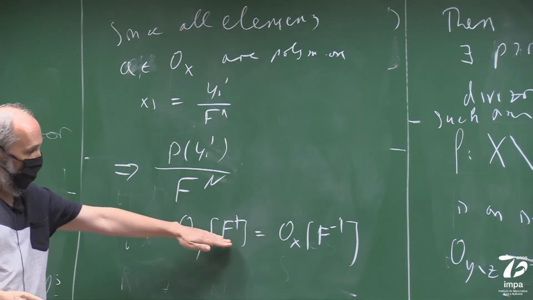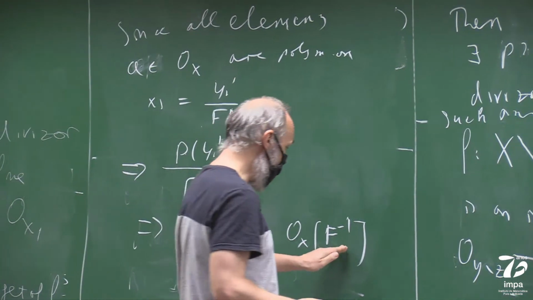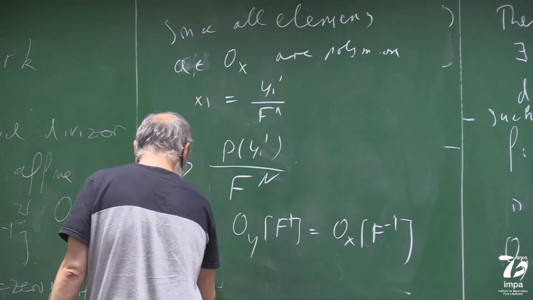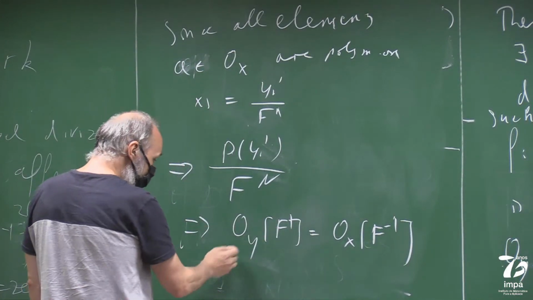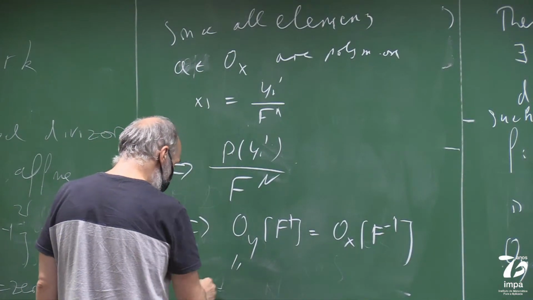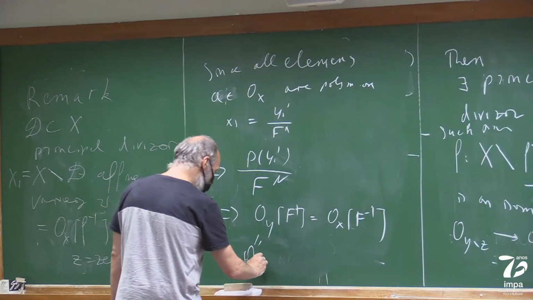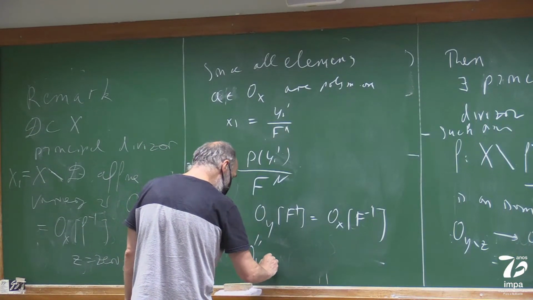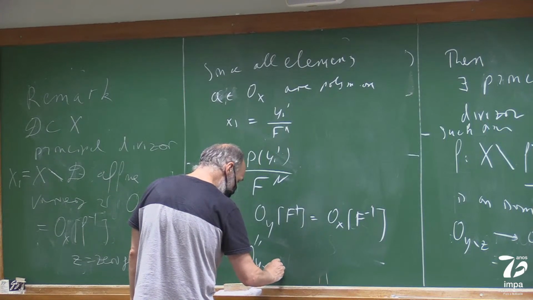Okay, good. Now we can remove the divisor corresponding to f. So this is the ring. This is the same as O of y without the zero set of f.